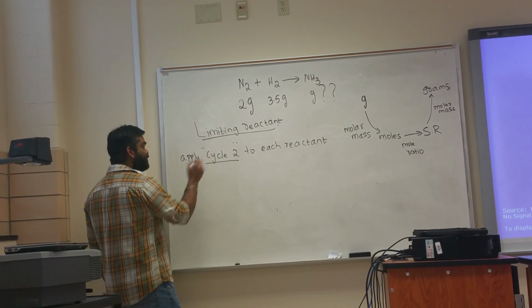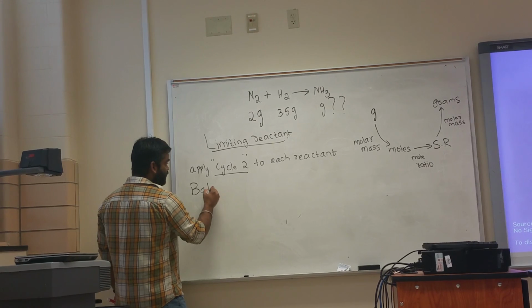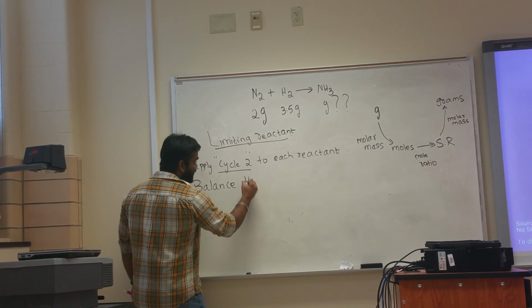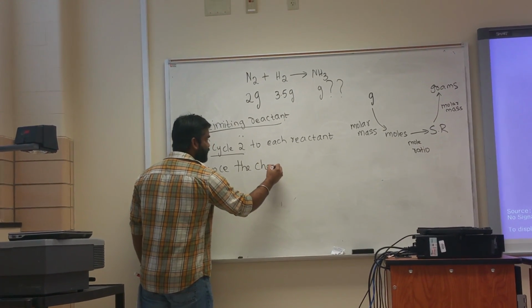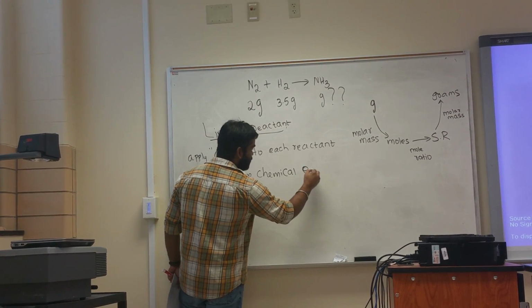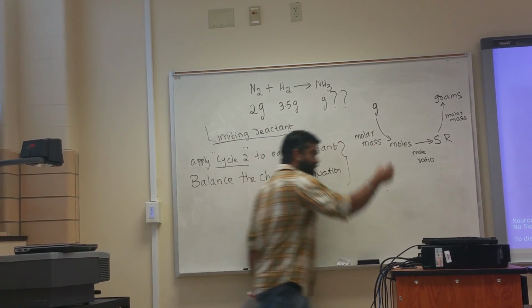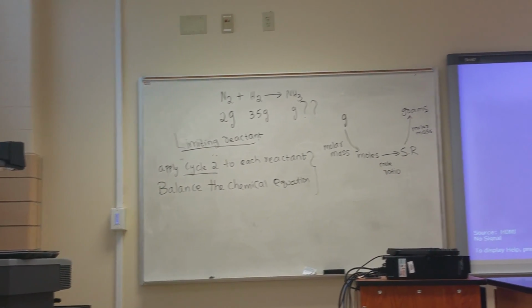So apply cycle 2 to each reactant, but before that, this step should come even before: you should write balance the chemical equation. That's the first thing you're going to do before you get crazy with your cycle. So balance the chemical equation. That's it on this side. I'm going to work out the actual problem on this side.